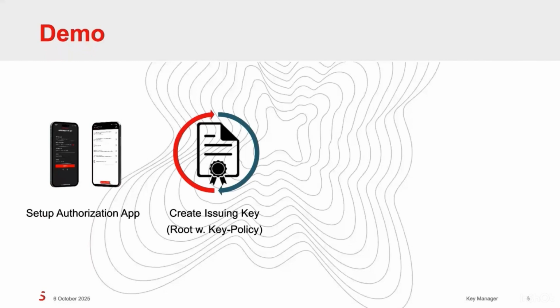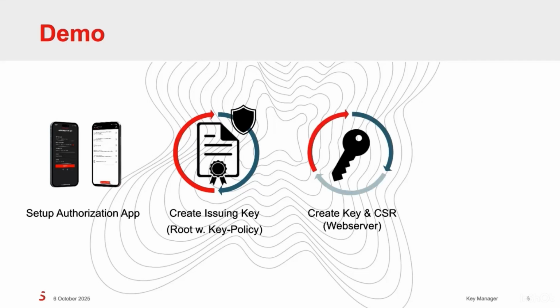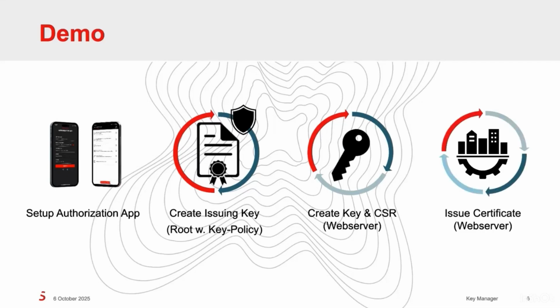Secondly, we are creating an issuing key which has a smart key policy onboarded, meaning the authorization app. Next, we are creating a web server key and a certificate signing request for this web server, with which we issue a certificate signed by our root key.